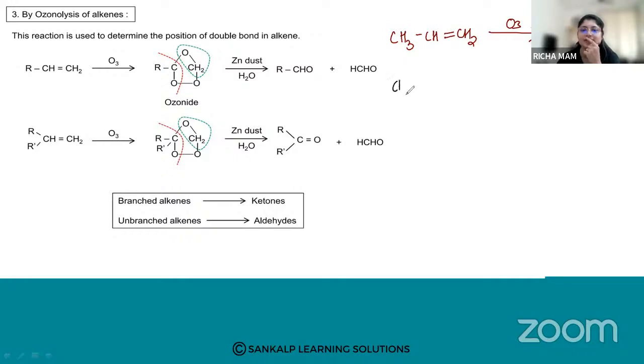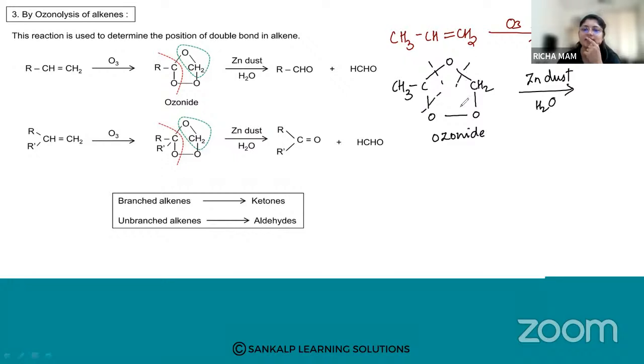So CH3, C, oxygen here, CH2, oxygen here, oxygen here. So this is an ozonide. This ozonide we are going to treat with zinc dust in the presence of water. Like this the bonds are broken, right? So what are we going to get?